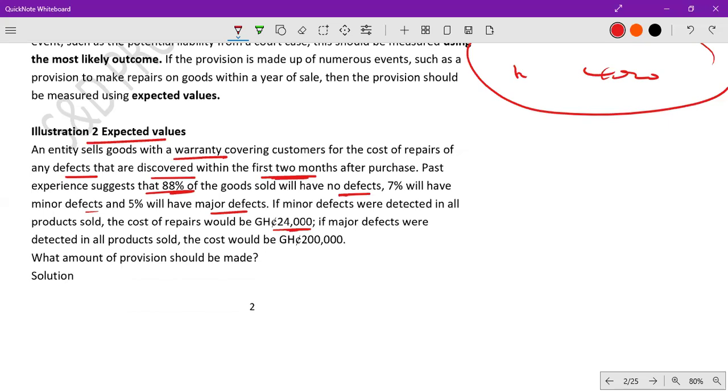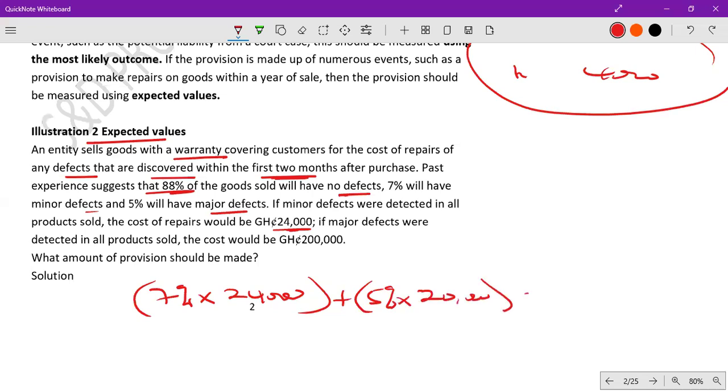It's just so simple. 7% will have a minor defect, and its cost of repair will be 24,000, plus the probability of a major defect of 5%, and its cost of repairs is 200,000. The amount represents the provision that needs to be recognized. Any question?